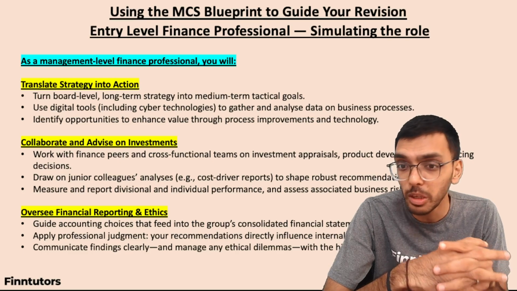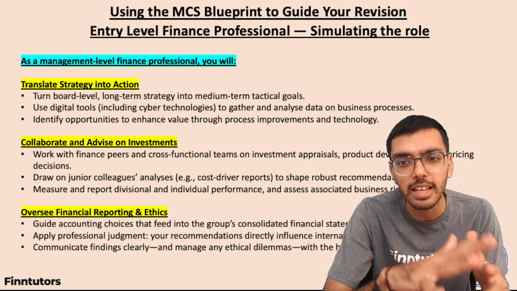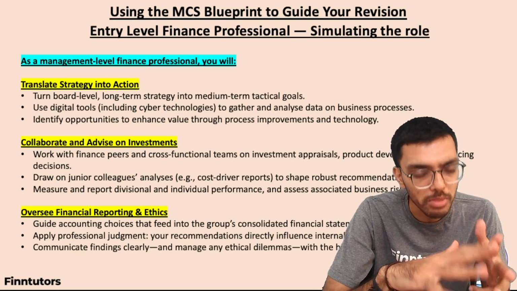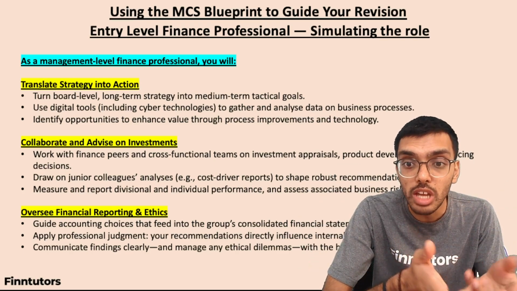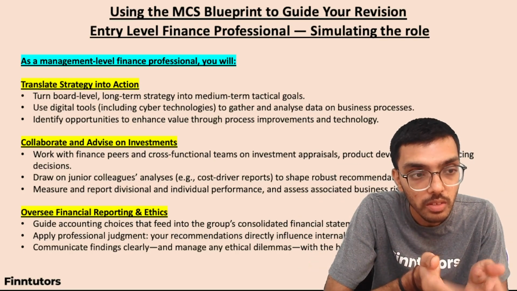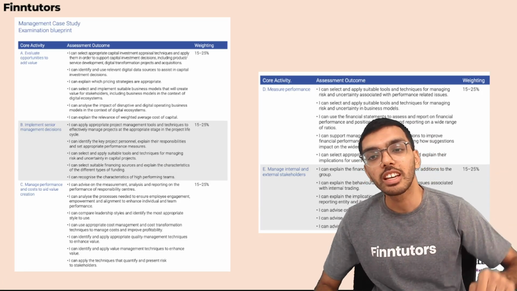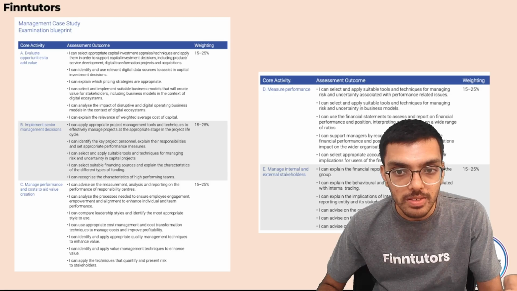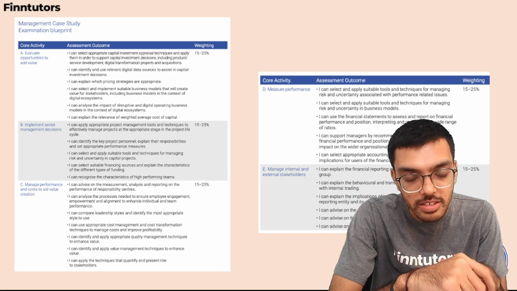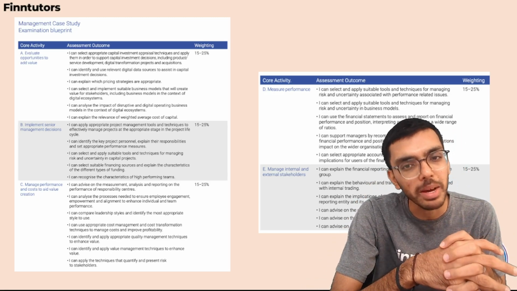A finance manager can deal with a lot of things: costing, financing, performance management, a lot of things. So then how does this tell me what to study? This is told by the CIMA blueprints, or the core areas which have been given by CIMA.